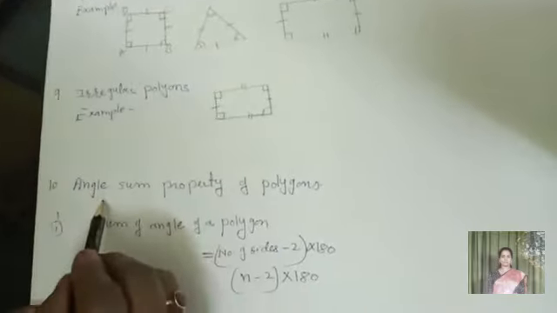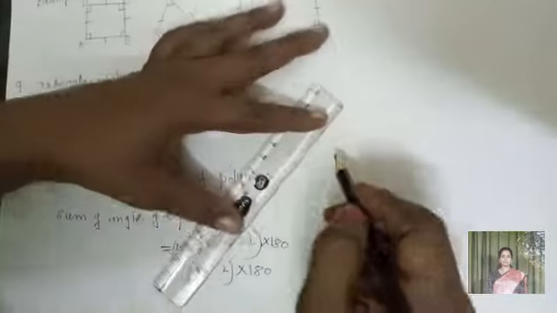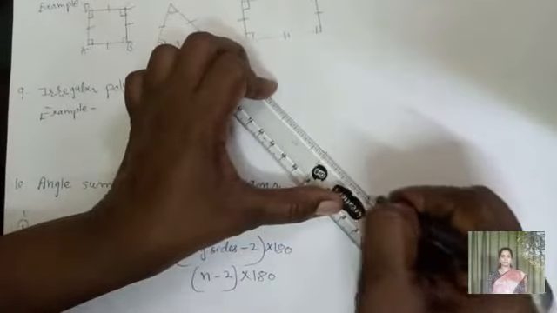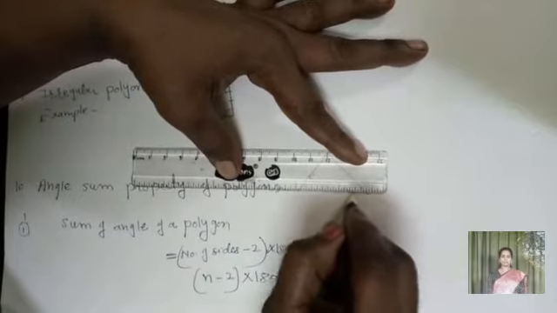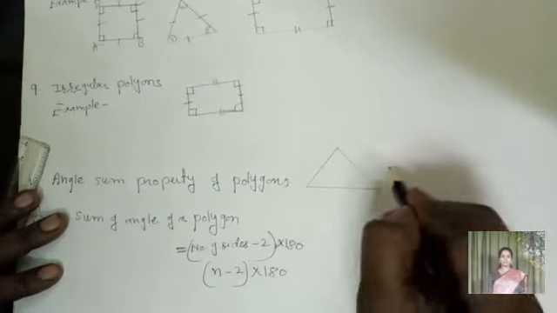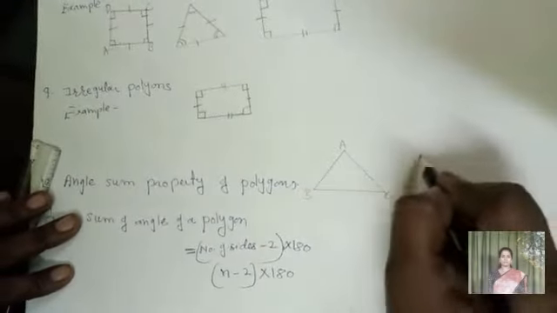Now let us see the angle sum property of polygons. In class 7th we have learned the angle sum property of a triangle, and we know the sum of all the interior angles of a triangle is equal to 180.